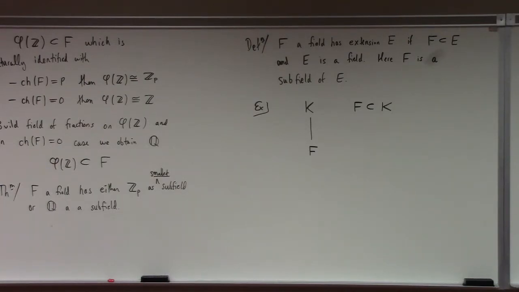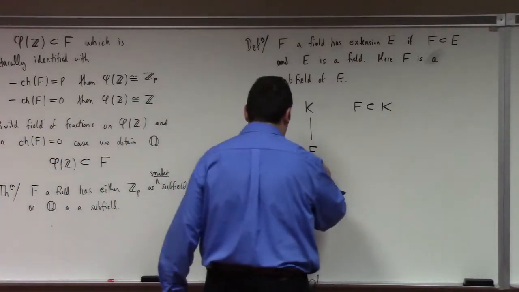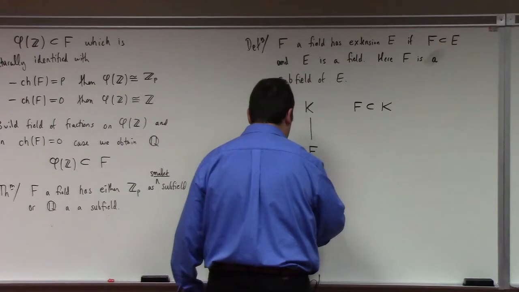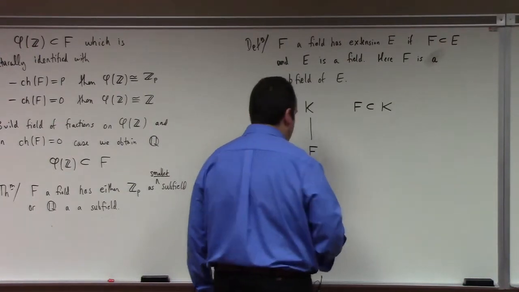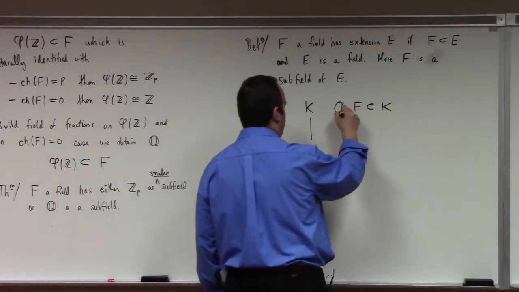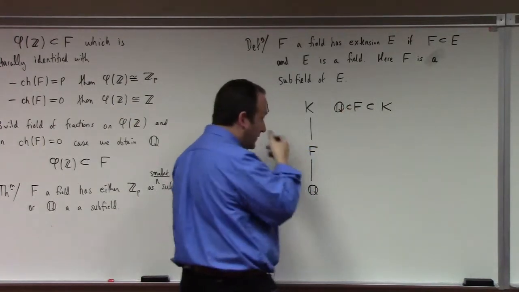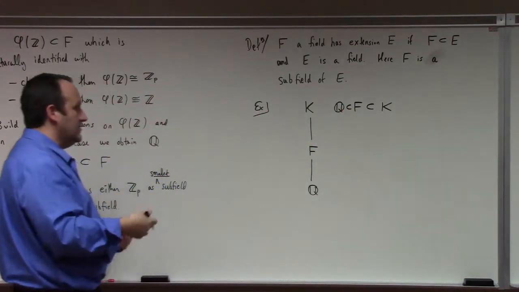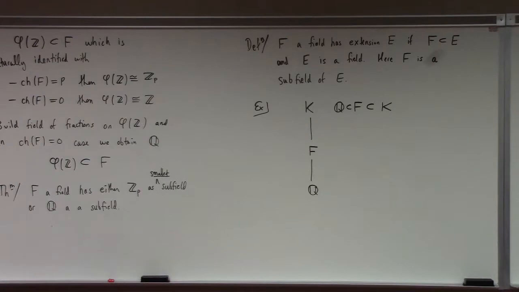That's a tower of fields. Well, you could add more, right? You could add Q down here. Why not? So F is an extension of Q, K is an extension of F, Q is the base field of F.